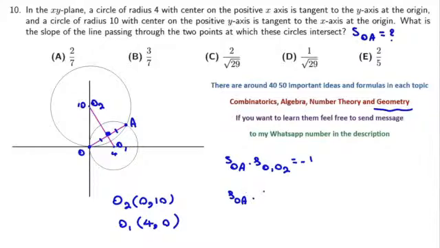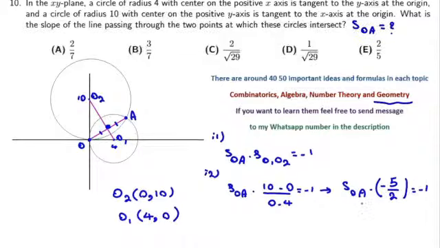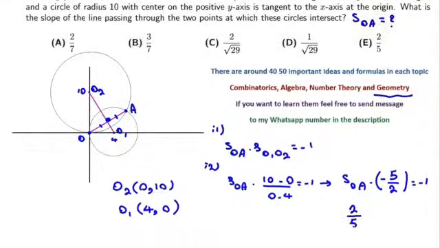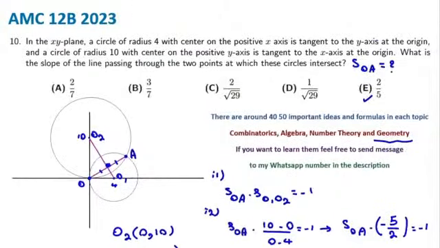So the slope is 10 minus 0 over 0 minus 4, which is 10 over -4, or -5 over 2. The slope of OA times -5 over 2 equals -1. So the slope of OA is 2 over 5. Indeed, 2 over 5 times -5 over 2 is -1. So the answer is choice E, problem 10.